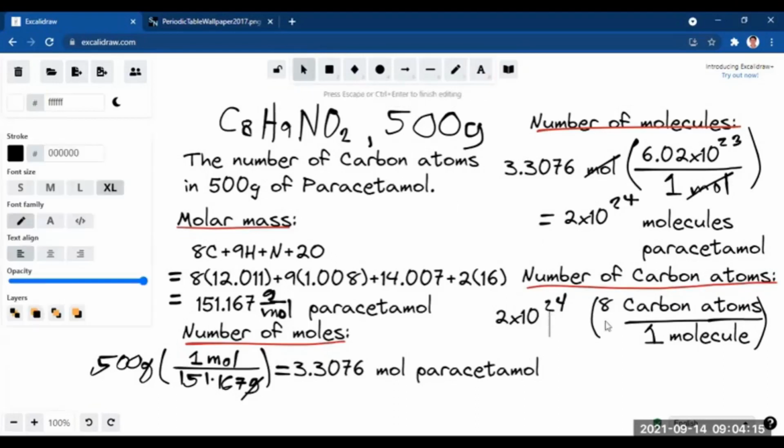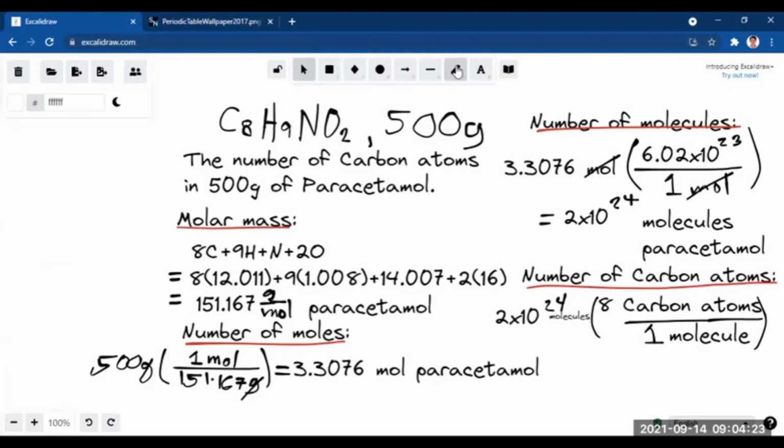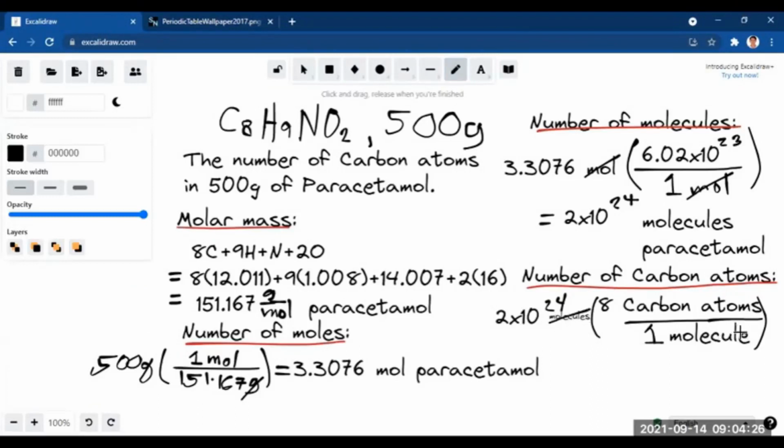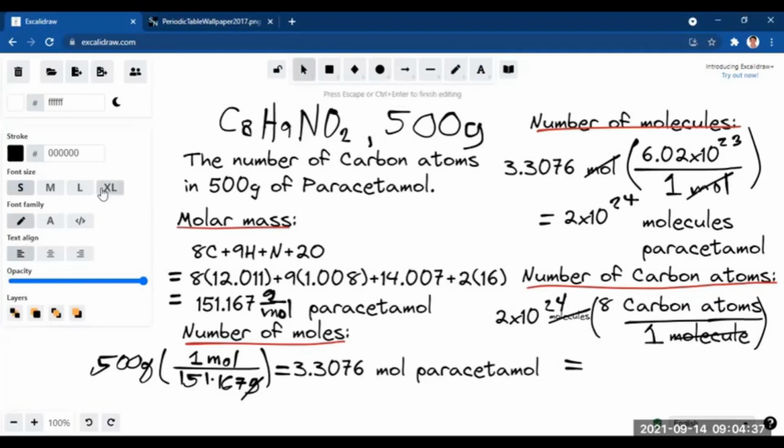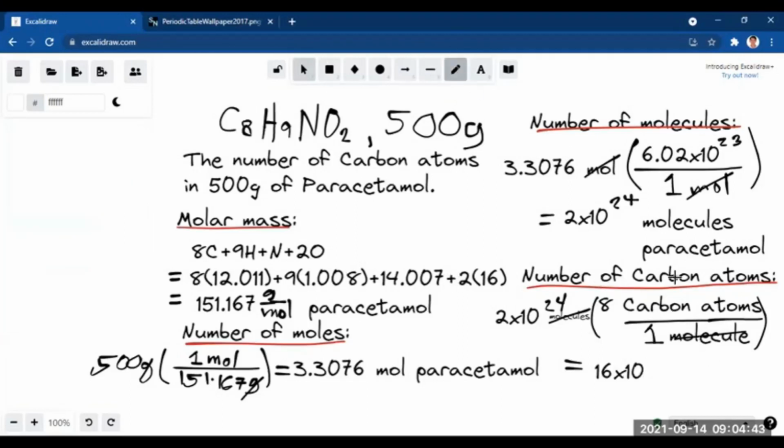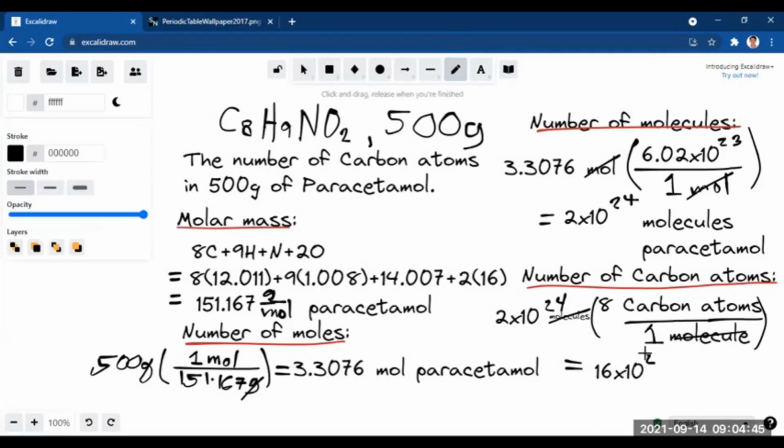So the unit of this is molecules. We'll cancel the molecules. We will be left with carbon atoms. So this will be equal to 16 times 10 raised to 24 carbon atoms.